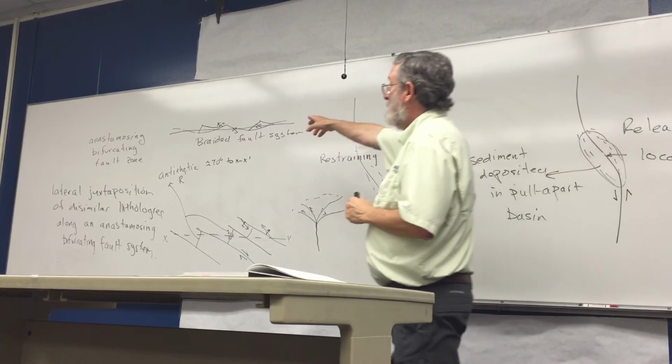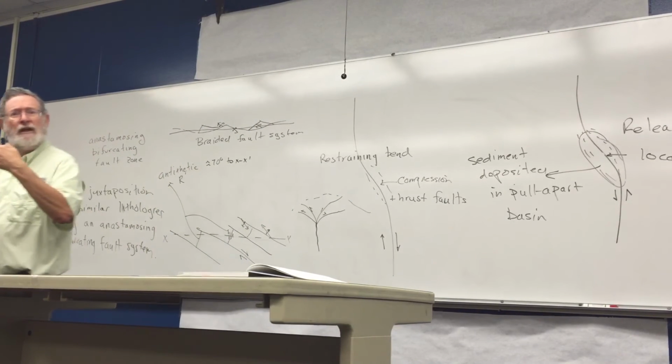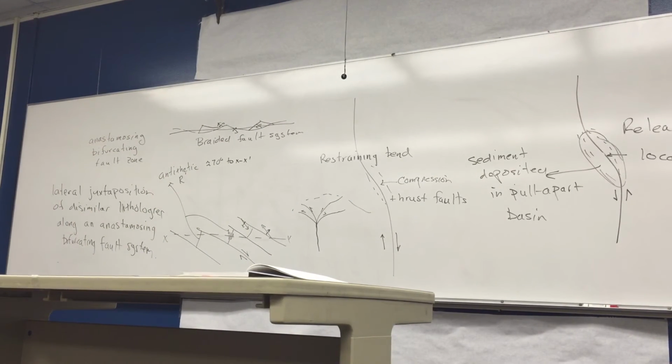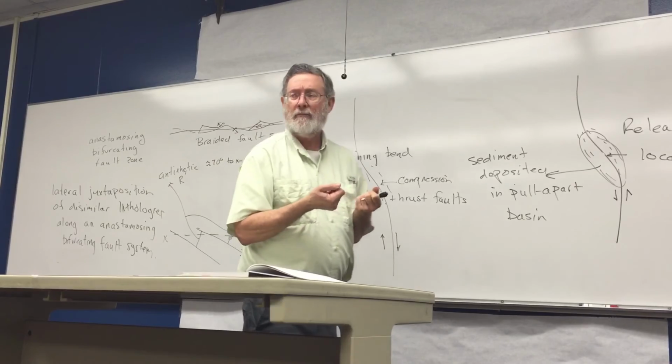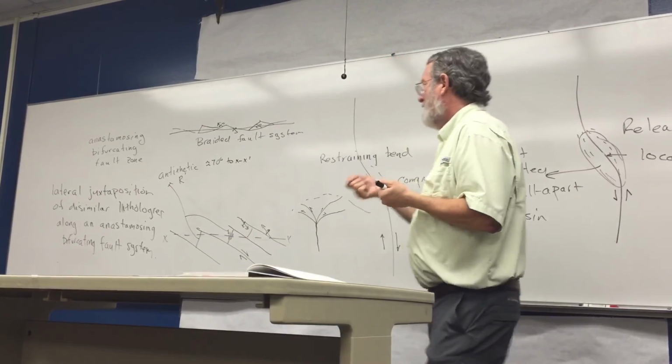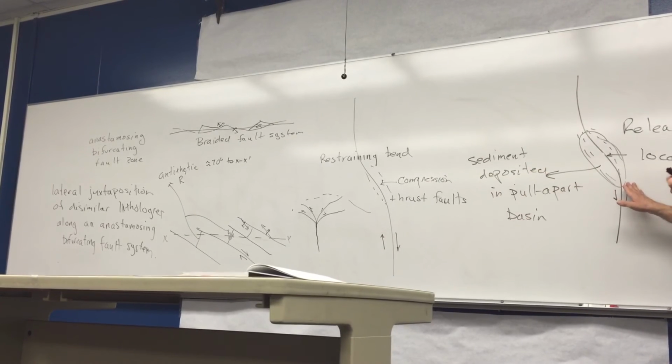Your folds get truncated in multiple horizons and you end up with an intriguing arrangement of folds that are plunging in different directions, and they're a little bit difficult to connect back up sometimes. We can have restraining bends, we can have releasing bends in that particular system.